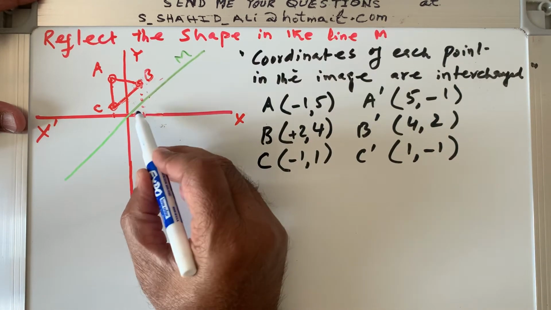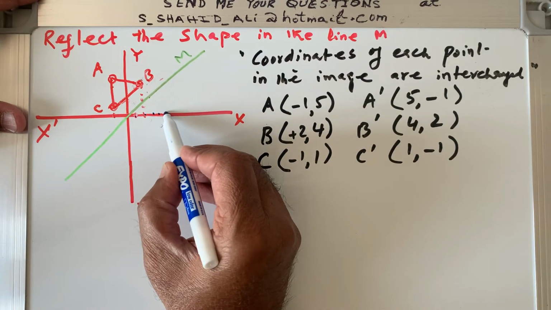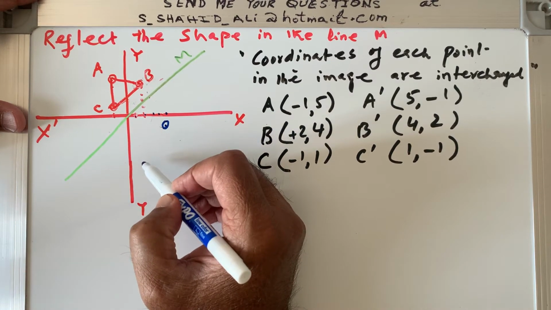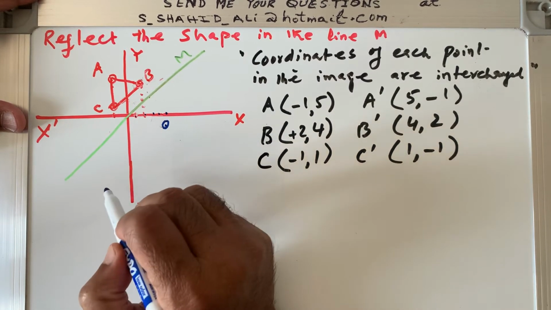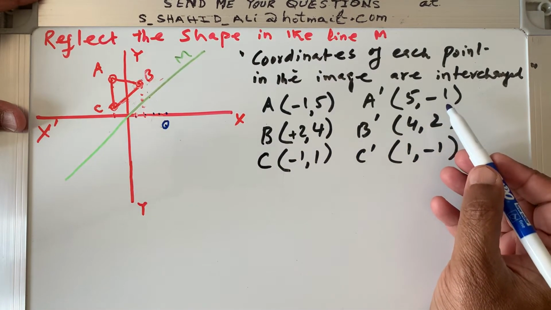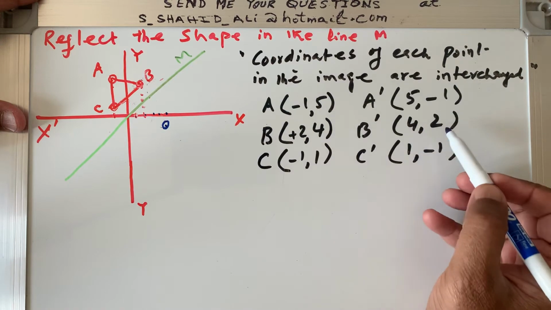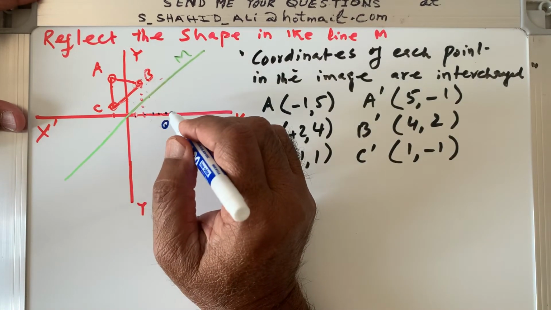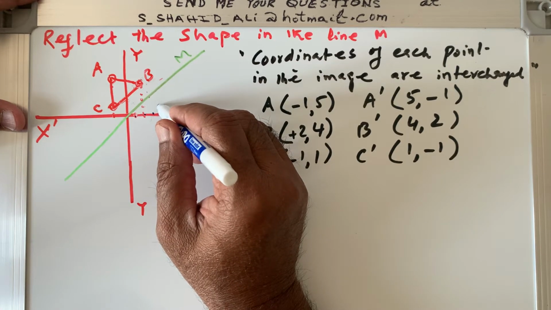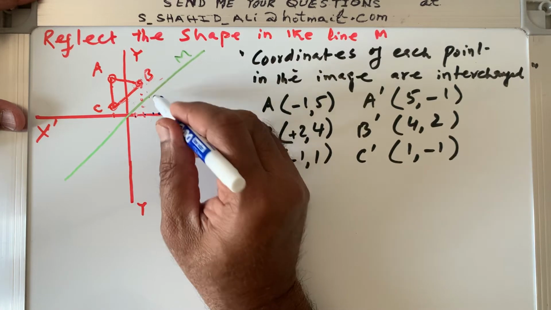So 5: 1, 2, 3, 4, 5, and -1 is here. I have this point, and then I have 4 and 2. 4 is this, and 2: 1, 2, so 2 is here.